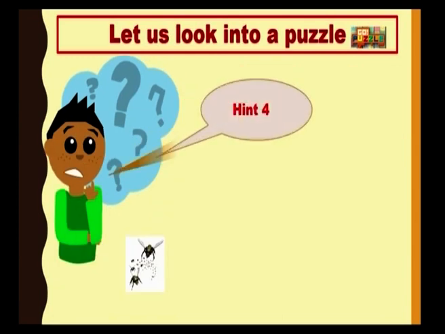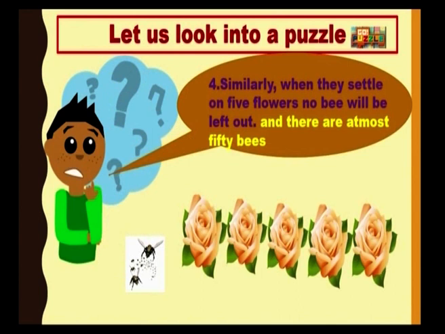Hint 4: similarly, when they settle on five flowers, no bee will be left out and there are at most 50 bees. That means there are five flowers, an equal number of bees settle on each flower, then no bee is left out.